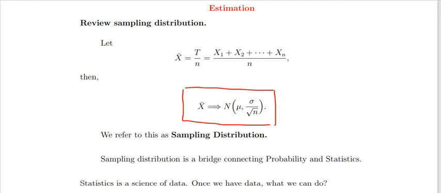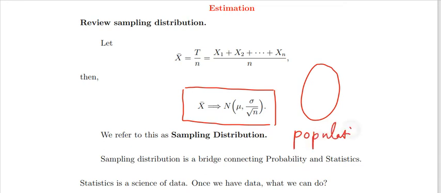So if we have the population and we know the population's mu and sigma, and we take a sample, then this sample mean X bar will follow this normal distribution. So the sampling distribution goes from population to sample.